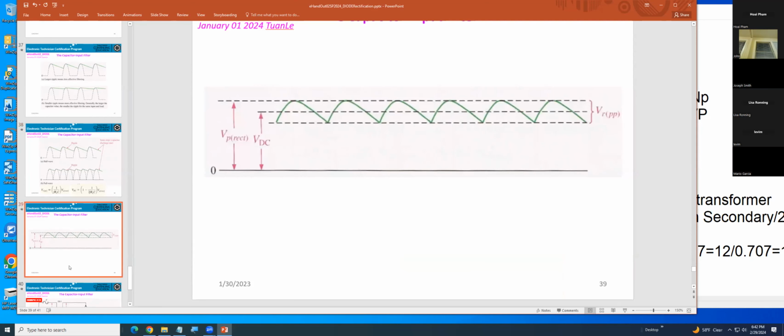And that's why you can see V secondary, and that will be DC voltage. So the ripple voltage, this is a ripple. When you're working on the lab phone, you have to measure the ripple voltage. Basically, that's a very small voltage.